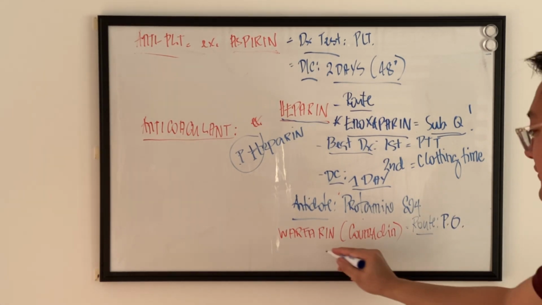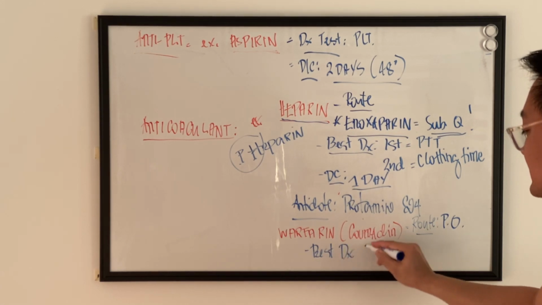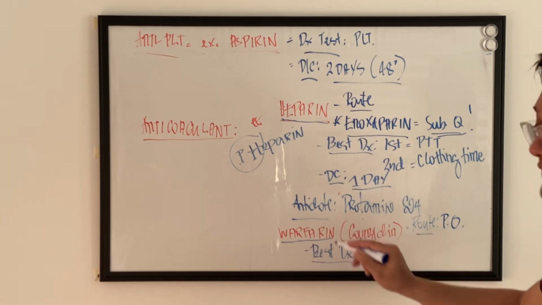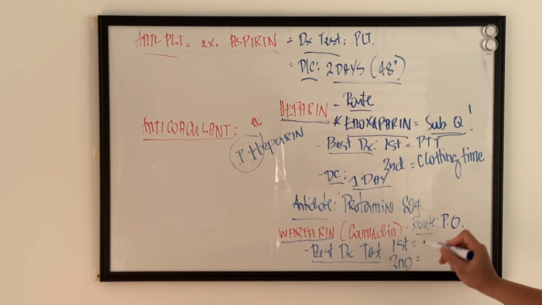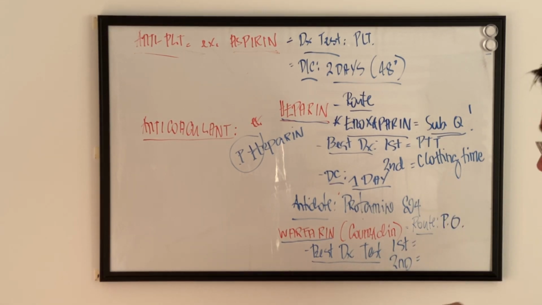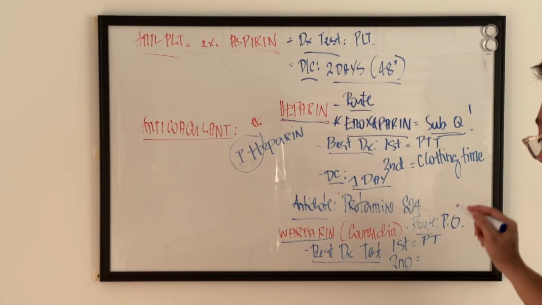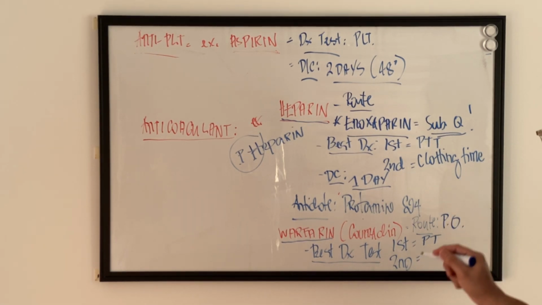And what do you think is the best diagnostic test that will evaluate the therapeutic level of your warfarin? Take note of the first answer and the second answer. The first answer in your exam for warfarin is your PT, that's your prothrombin time. If you cannot find PT among the options, the second answer will be your INR.